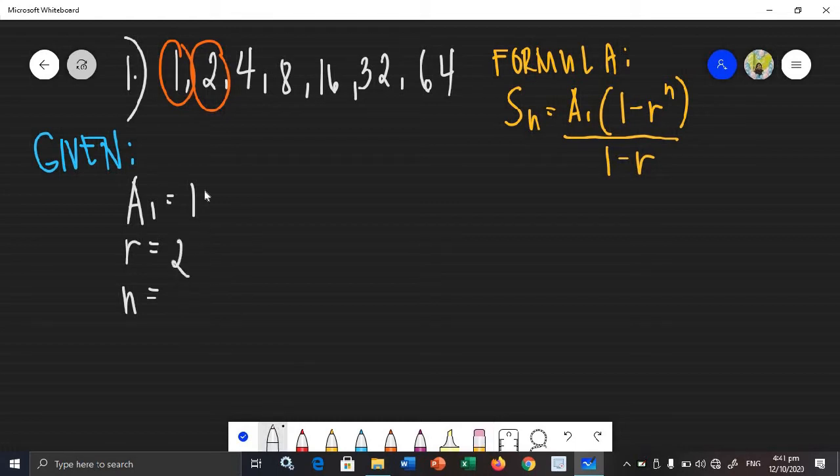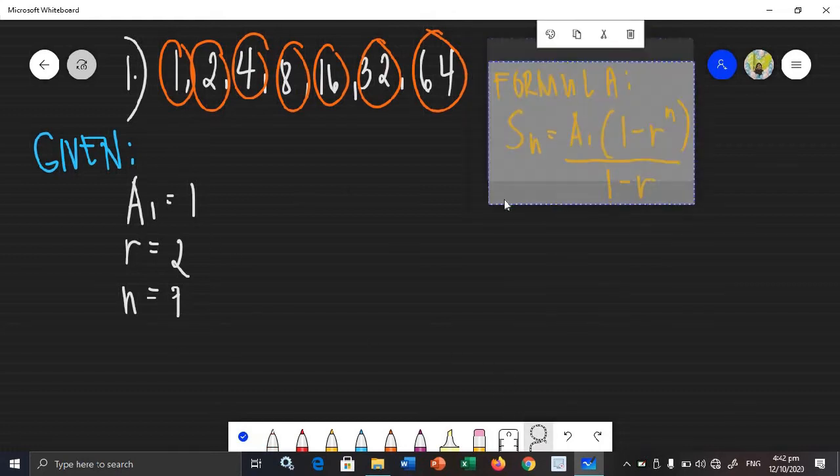And n is kung ilan yung terms na you need to add. Okay? So, we have 1, 2, 3, 4, 5, 6, 7. We need to add 7 terms. So, we need to find the sum of the first 7 terms of this geometric sequence. Given na yung lahat ng kailangan natin, now we need to substitute these givens using the formula.